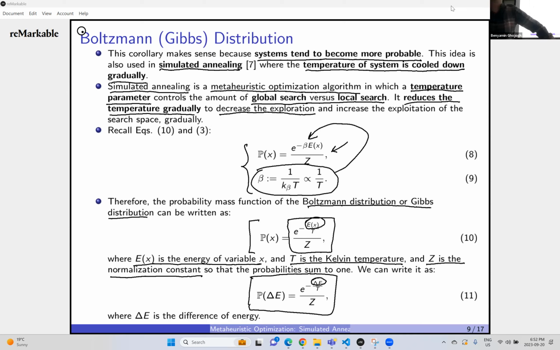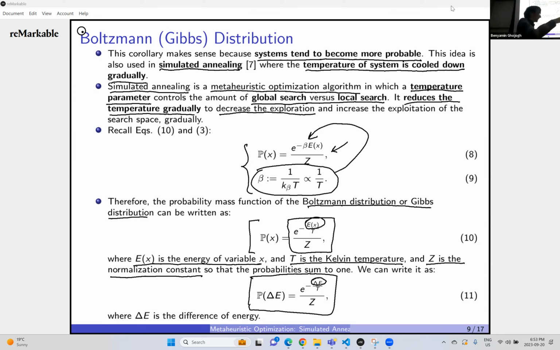And this idea is used in simulated annealing. By the way, do you know what annealing is in physics? When you have a very hot material and you cool it down gradually, they call it annealing. For example, you can see it in high energy physics, or when they want to make art glasses.